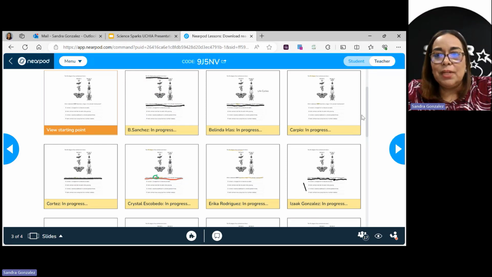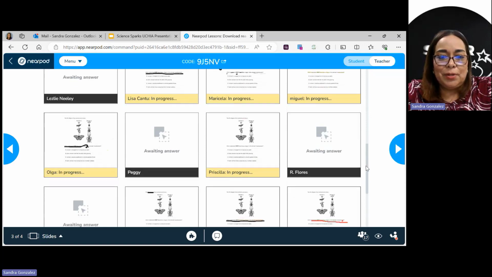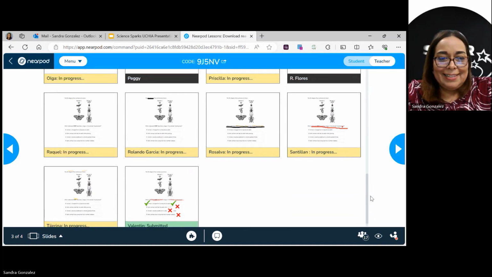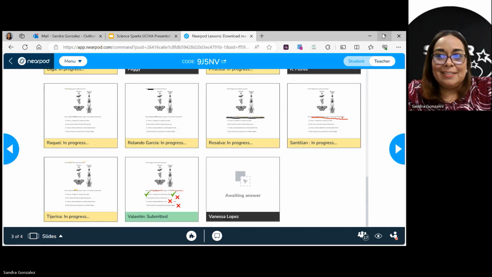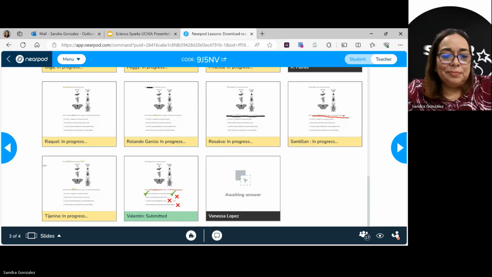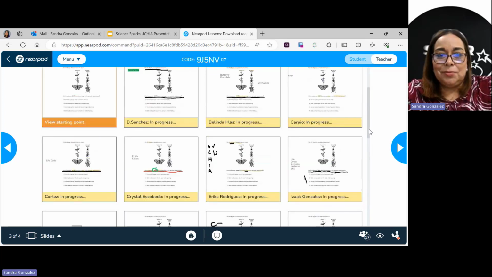So I see we've done the underlining, the question. What's the concept? Oh, I see somebody already wrote it. Cool.